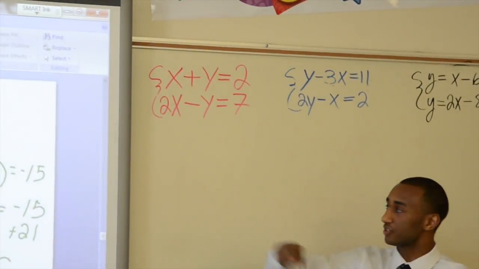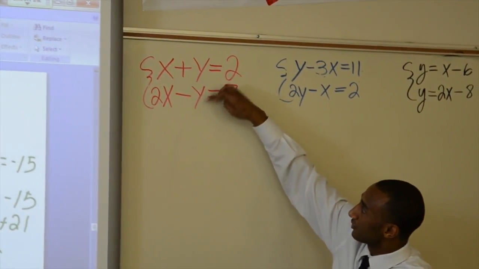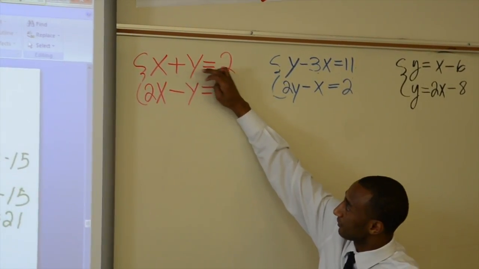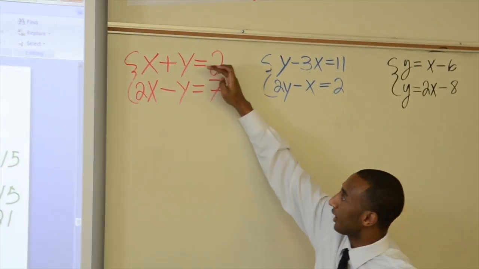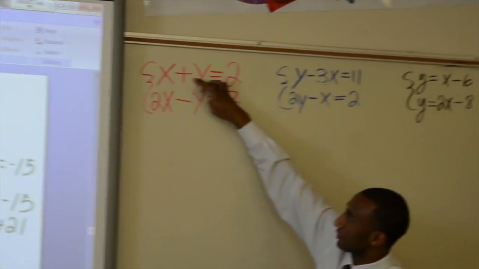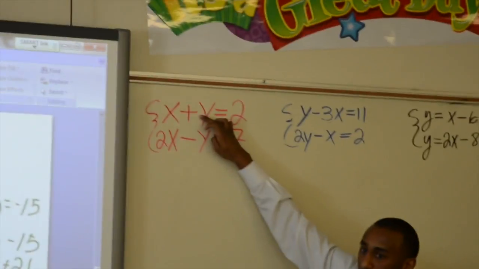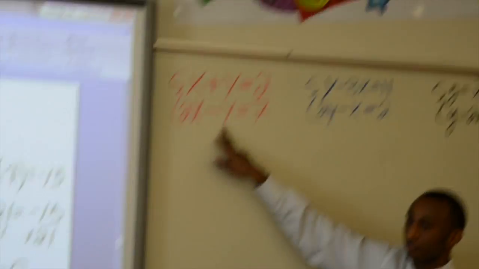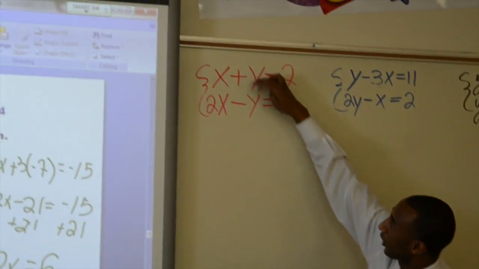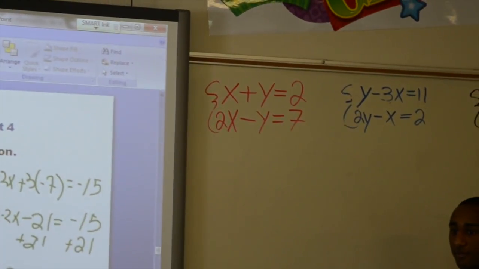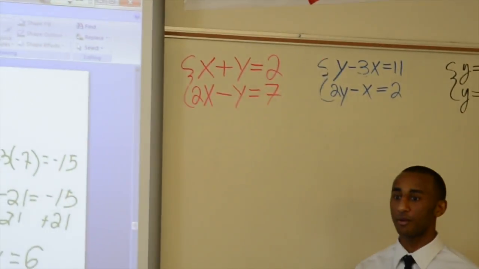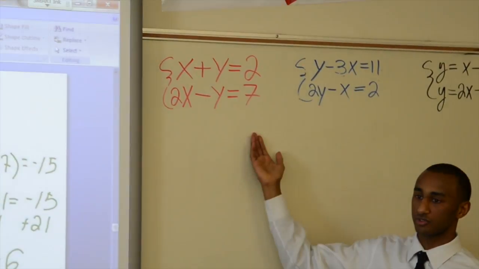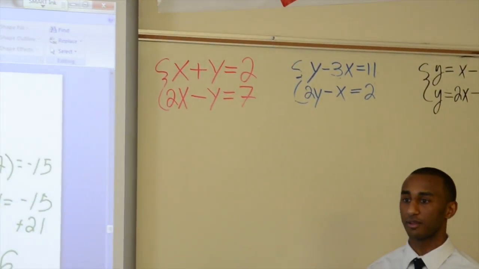Furthermore, she said that if you wanted to eliminate the y, the signs are opposite: one is positive and one is negative, and the coefficients in front of them are the same. So with those observations, this would be easy to do by elimination.